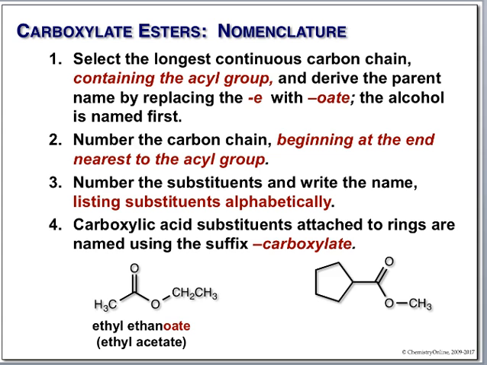We have a ring which makes this a substituent, right? So we're going to call it a carboxylate. The alcohol comes first. This is a methyl cyclopentane carboxylate.